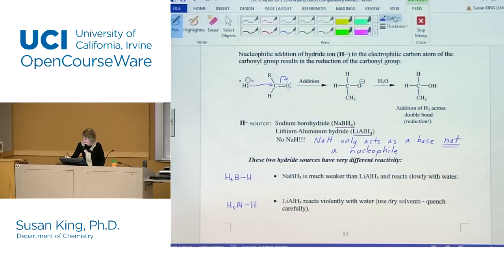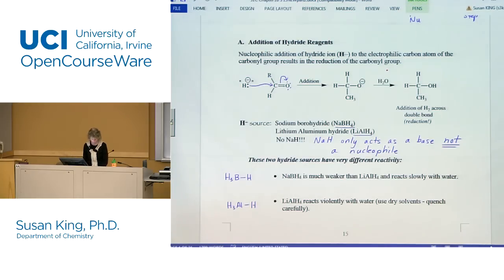For boron we have 2.0, hydrogen 2.2, aluminum 1.6, hydrogen 2.2.